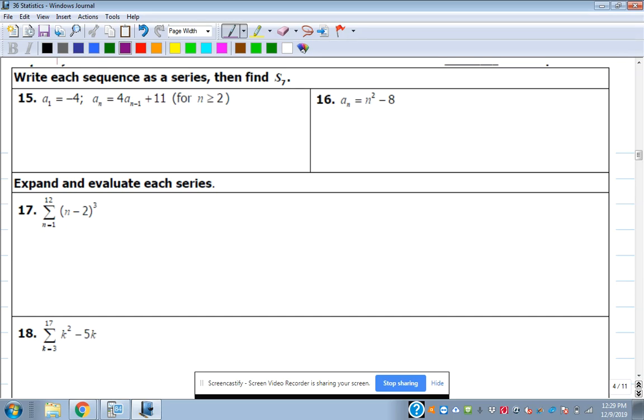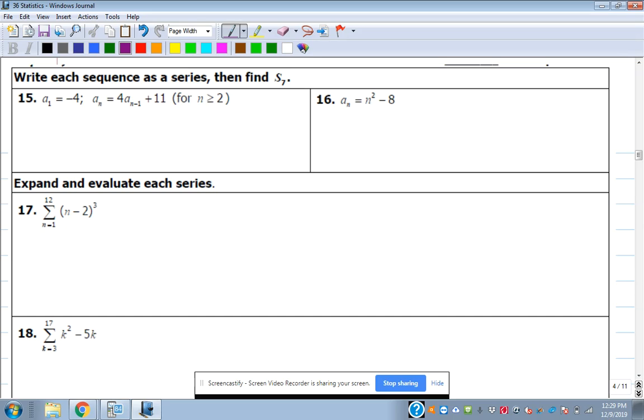You know what makes it a series? The plus signs between. That's the only difference. And you add it up. So a series is a sum of a sequence. That's what a series is. So when they say series, you've got to think, oh, I'm adding. That's all I'm doing, taking a sequence and adding it up.